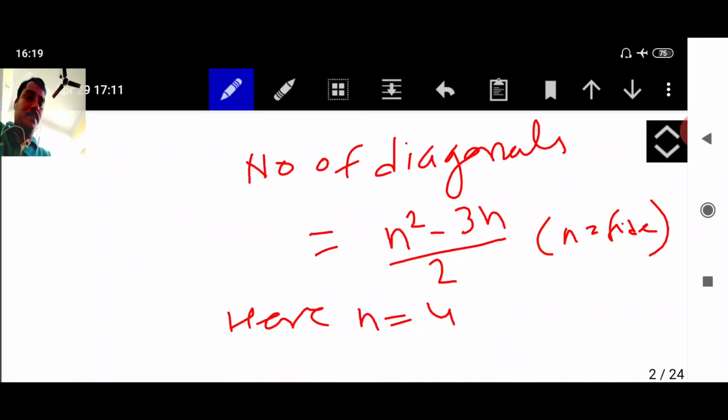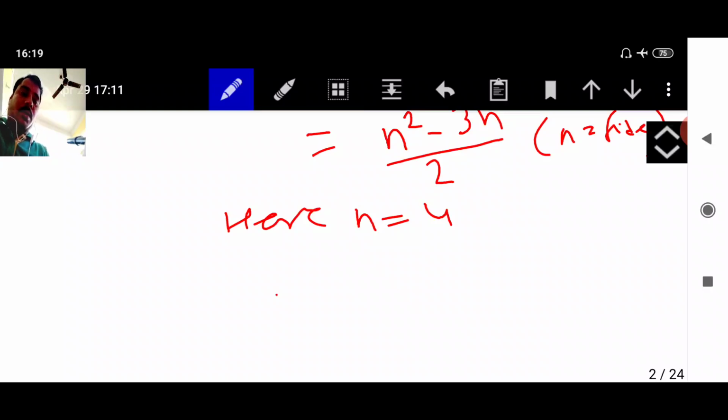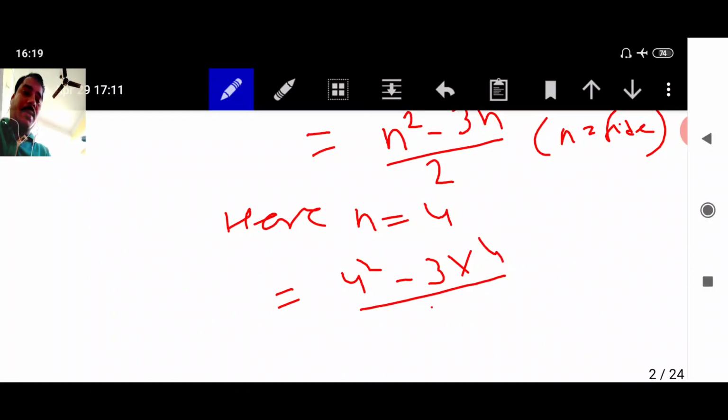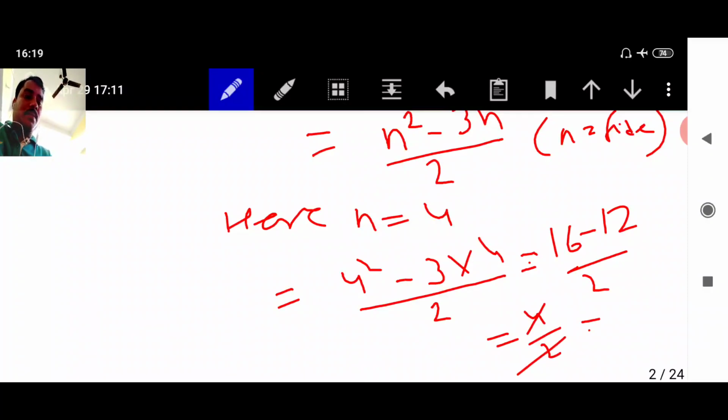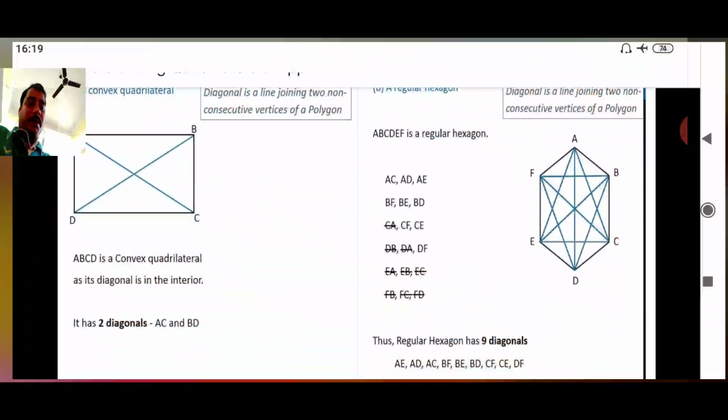Okay, so n square means 4 square minus 3 into 4 by 2. 4 square means 16 minus 12 upon 2 means 4 by 2. Here the number of diagonals are 2. Okay, you can also apply the formula, or you can draw the diagonals and count the number.